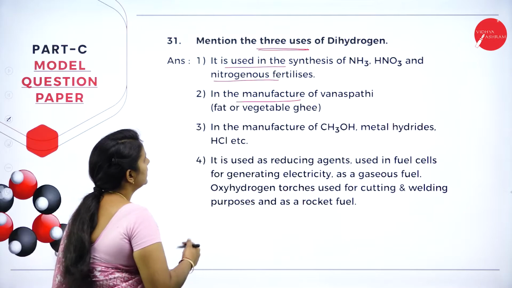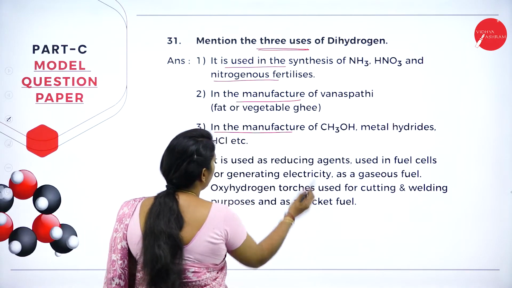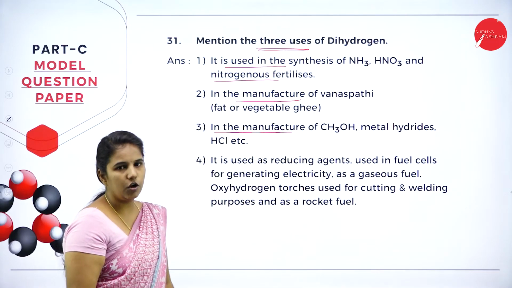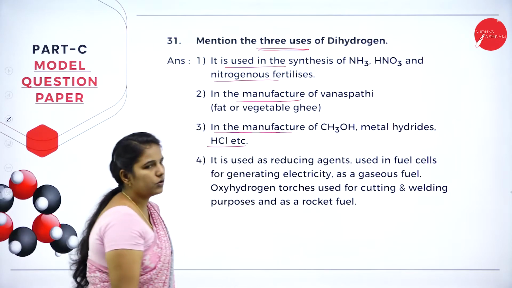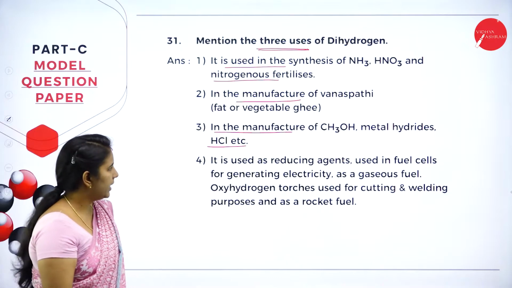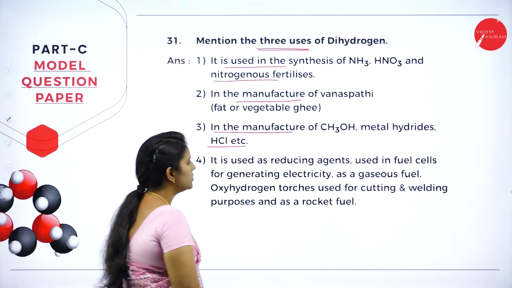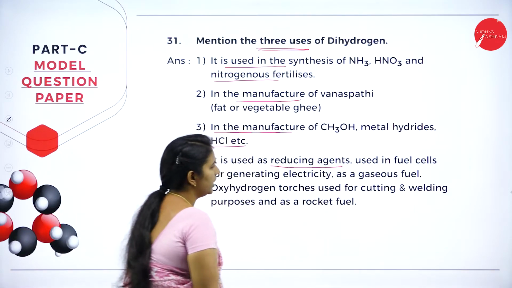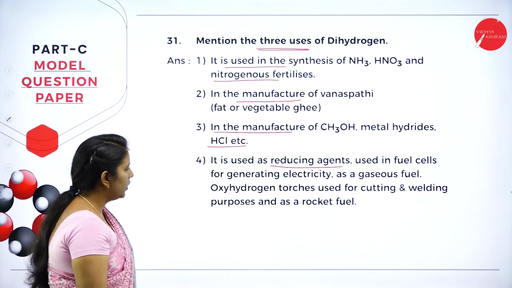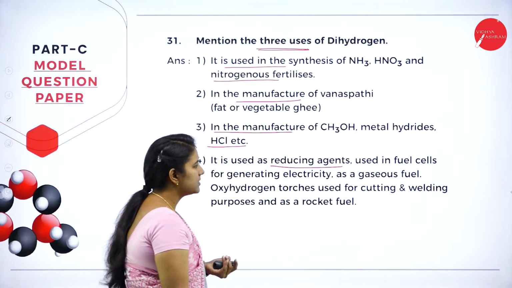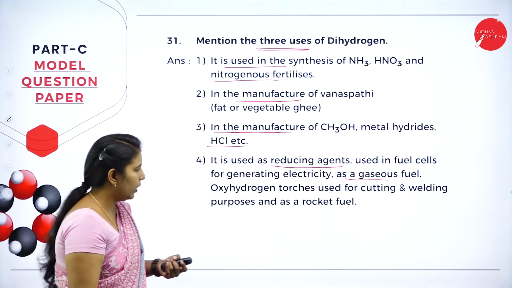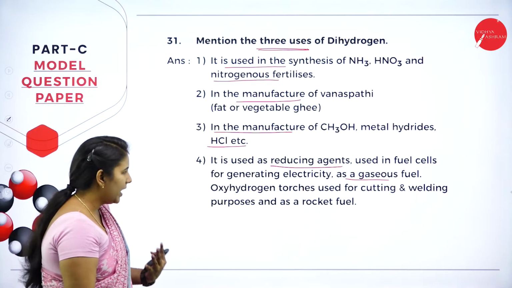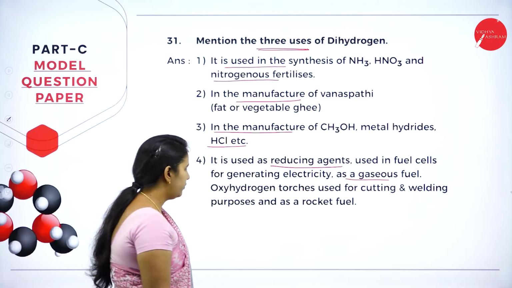Then dihydrogen can also be used in the manufacturing of methanol, metal hydrides, and also HCl, etc. It is also used as a reducing agent, and used in fuel cells for generating electricity.